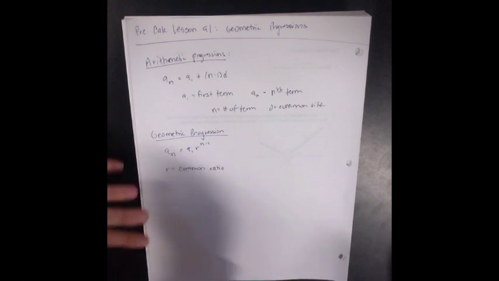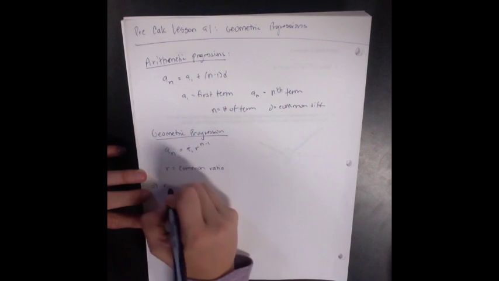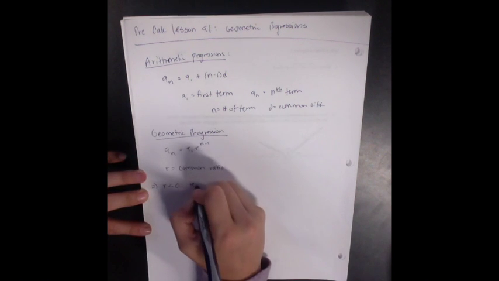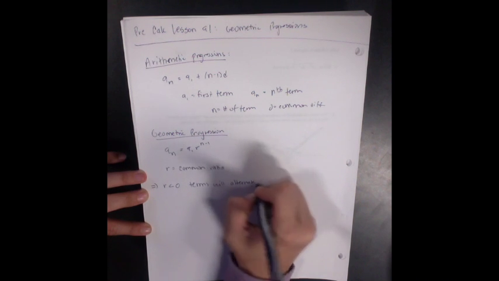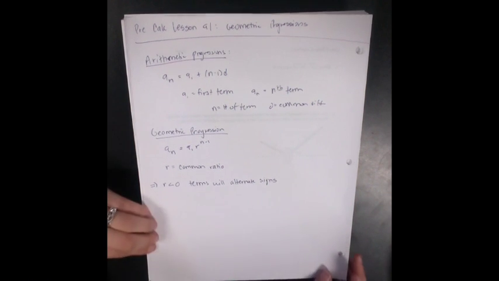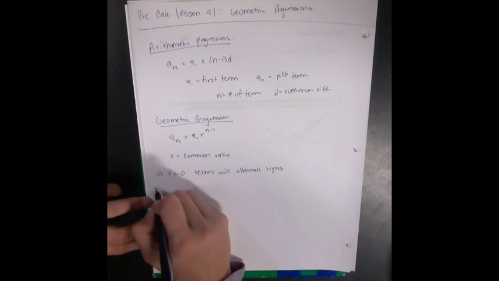And here's an important thing: if r is negative, so less than 0, the terms will alternate signs. They'll go from positive, negative, positive, negative. This is going to be very similar to how we solved it last time, so let's get into an example.